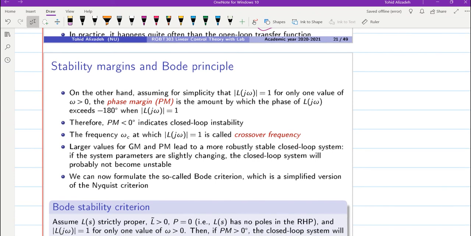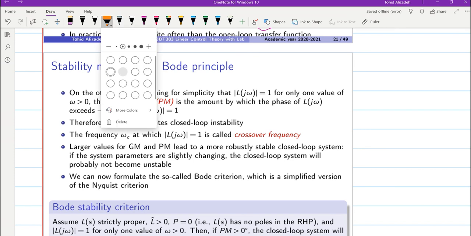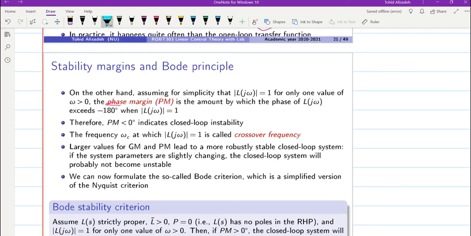On the other hand, if we assume for simplicity that the amplitude of L of j omega becomes equal to 1 for only one value of omega bigger than 0, then we will be able to define the phase margin, or PM.